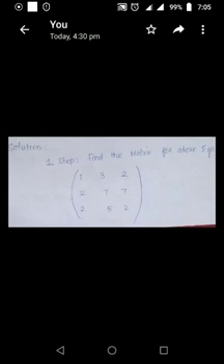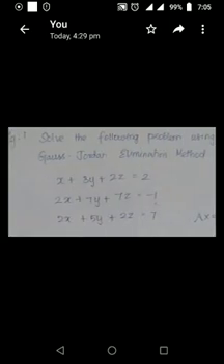How to find the solution? First step is to find the matrix. From the given equations we find the A matrix. The A matrix is the coefficients of all the variables x, y, z from each equation, made into a matrix.